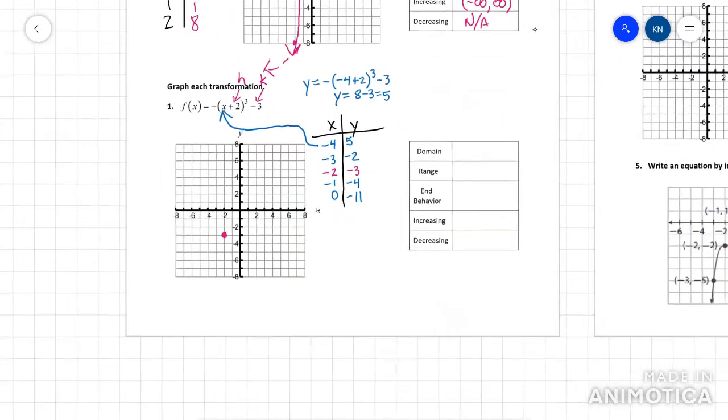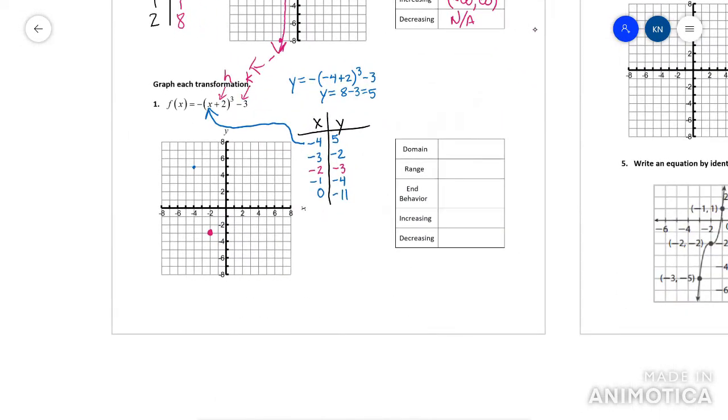Okay, if this would stop jumping. -4, 5. -3, -2. -1, -4. And then the other one's down here at -11. So this is what this line looks like. Ta-da. Nothing to it. As long as you really understand the whole plug in an x value, get a y value, you're going to be fine at this.